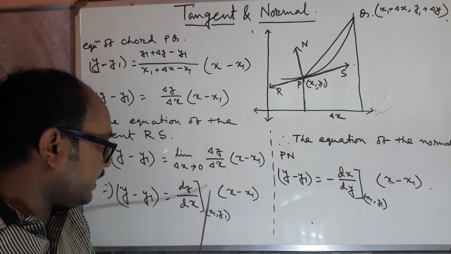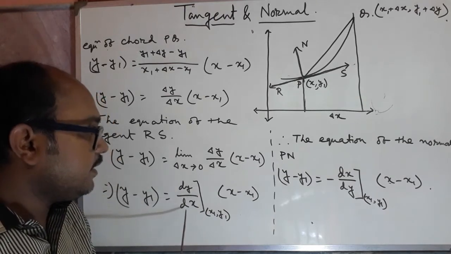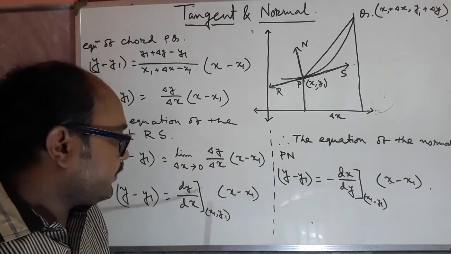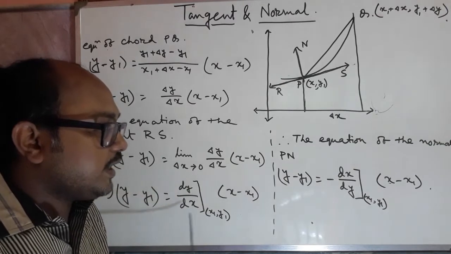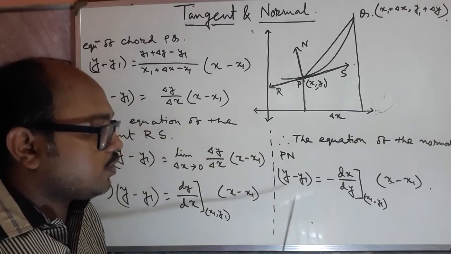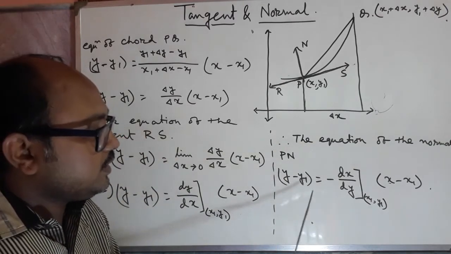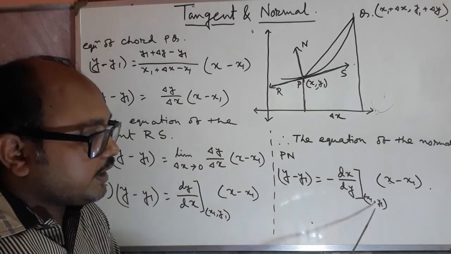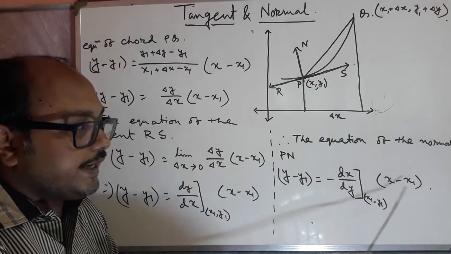So if here the slope is dy dx, then for the normal it will be minus dx dy, as the product is minus 1. So the equation of the normal is y minus y1 is equal to minus dx dy at the point x1, y1 into x minus x1.